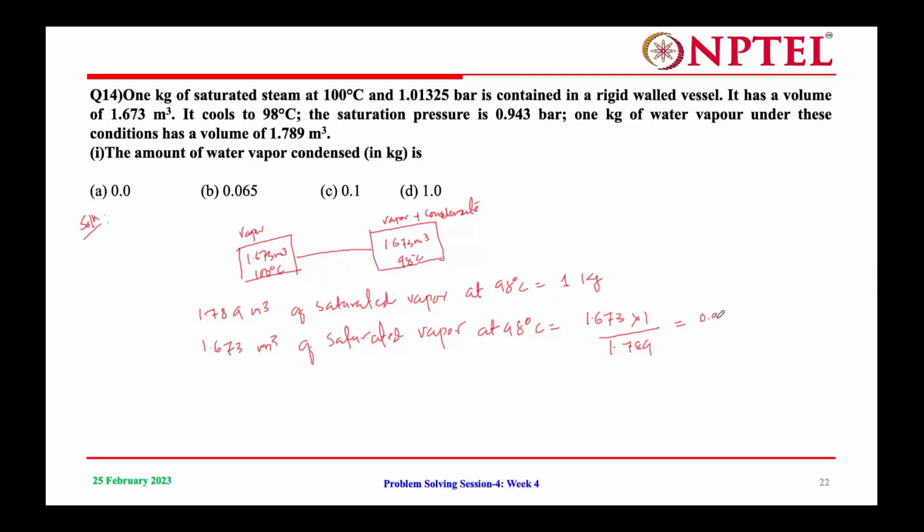So this is 0.935 kg. So the amount of water vapor condensed: 1 kg minus 0.935 is 0.065, right? I hope all of you understood.